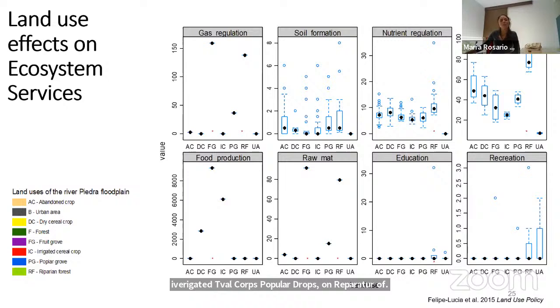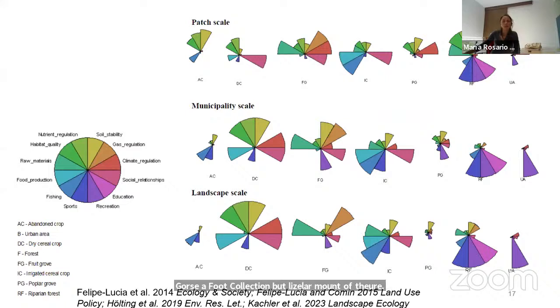What we found is that at plot scale, a small scale, for example 1 hectare, we would have high values for habitat quality, nutrient regulation, education and many services in the riparian forest, while the agricultural lands would provide, of course, food production, but little of the other services. However, it was also interesting, so this is the same represented here.